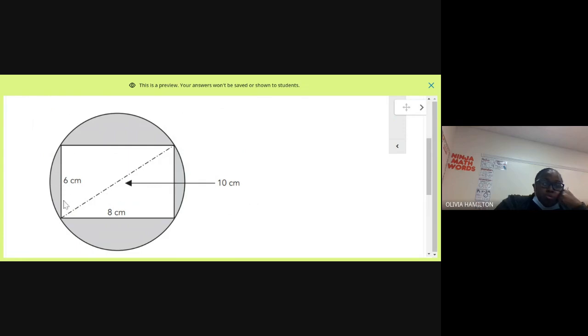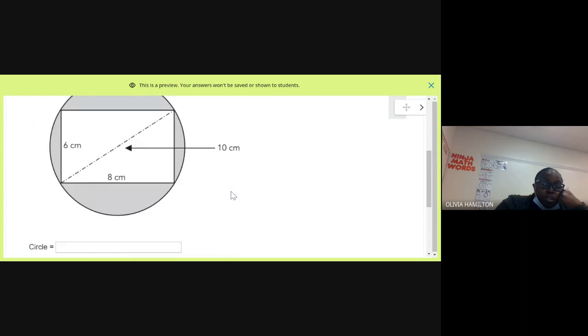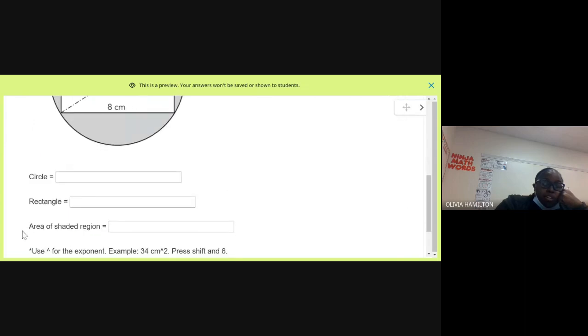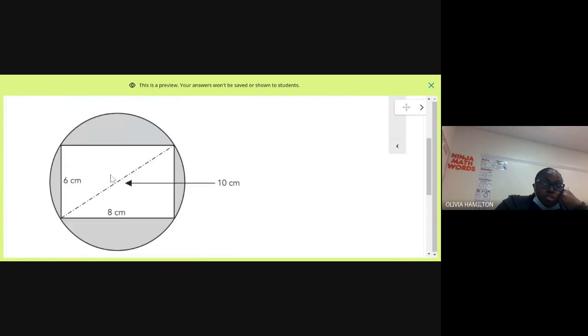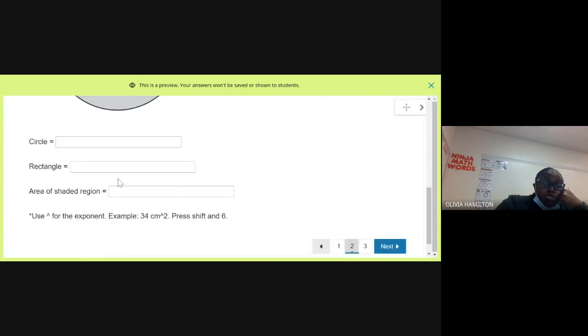If you don't remember how to solve for a rectangle, this information is located on your reference sheet, which is A equals B times H. Since we are once again looking for the area of the shaded region, you're going to have to take out the unshaded part, which means you're going to have to subtract. And once you do that, you should arrive at your answer if your numbers from the previous two, the circle and the rectangle, are correct.